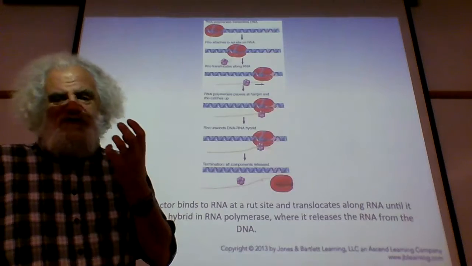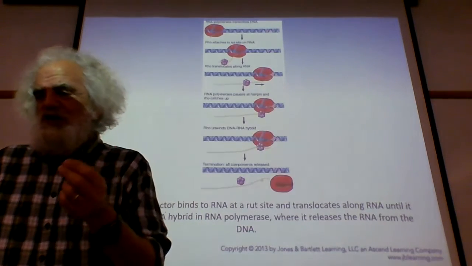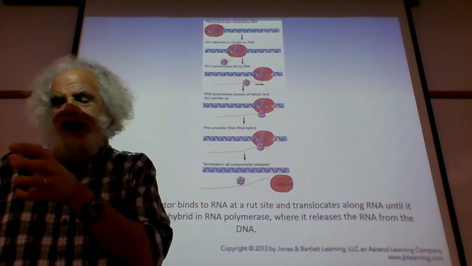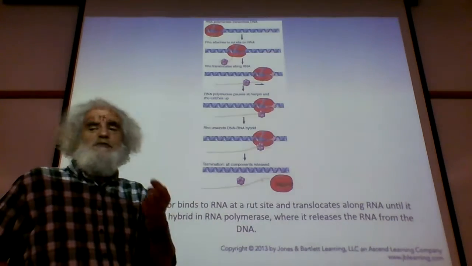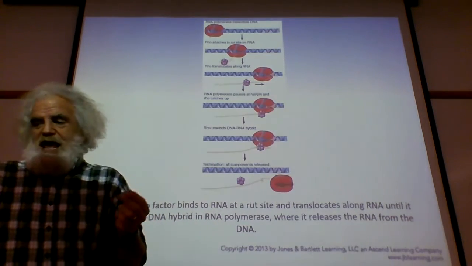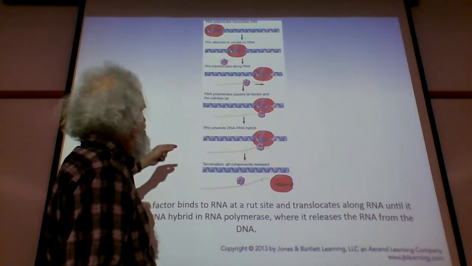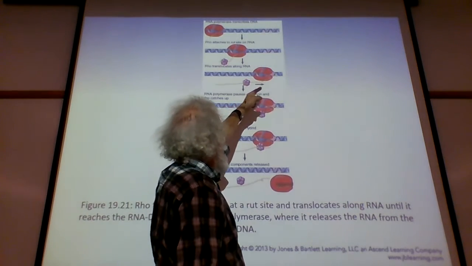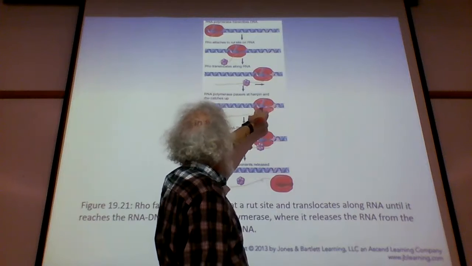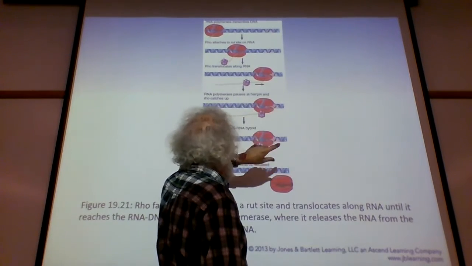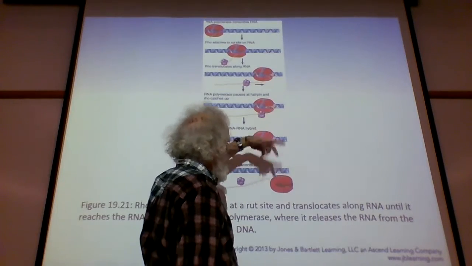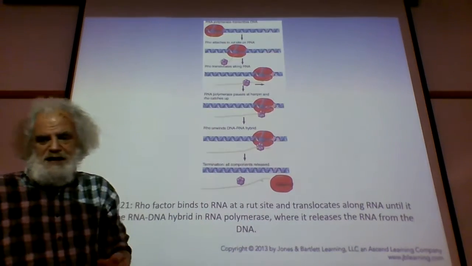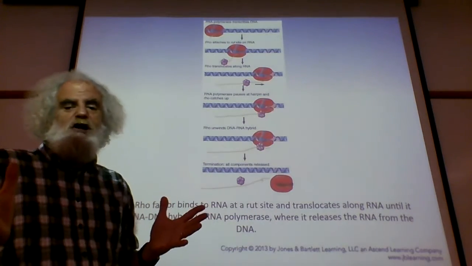The rho factor binds to the RNA that is transcribed from the RUT site. It then begins to move up the RNA. The polymerase is going to pause at a hairpin, and rho is going to actually interact to unwind the RNA-DNA hybrid and release the RNA.